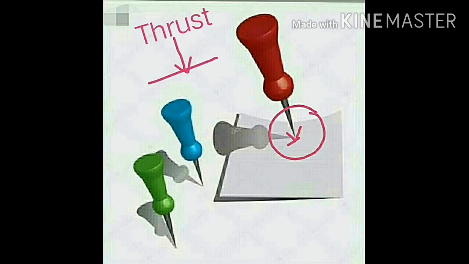Yes, this force acts on a smaller area at the tip of the pin, which is actually the point of contact with the surface. And one more thing, children, tell me how this force is directed. Yes, can you guess? This force is directed perpendicular, that is at an angle of 90 degrees to the surface of the board. And what is the name of this force which is perpendicular to the surface, children? Yes, this force has a name. What is that? It is thrust.